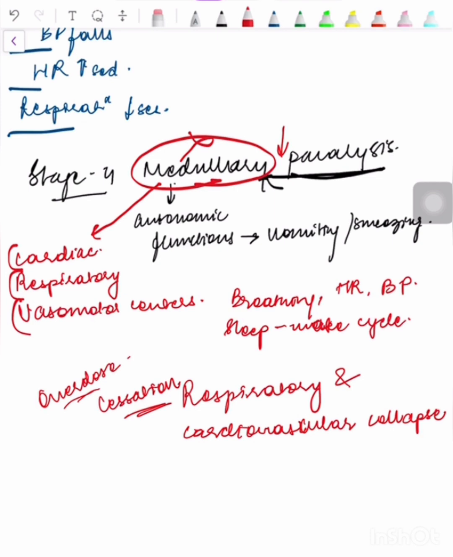So this stage is lethal without cardiovascular and respiratory support. So if there is cessation of breathing, it leads to failure of circulation and death. Pupils are wildly dilated, they dilate very much, absolutely wildly dilated pupils.